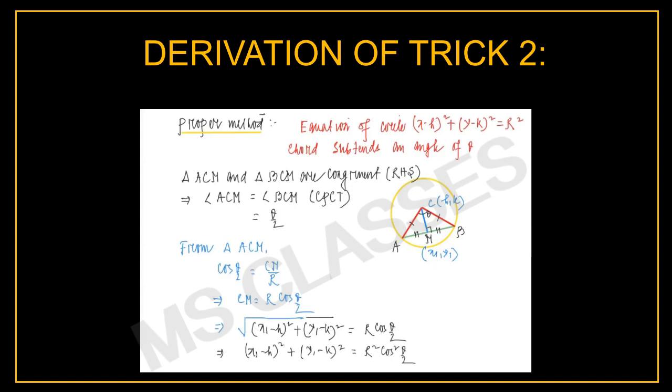Now, when you want to get the locus, then you have to replace this x1, y1 by the current coordinate.